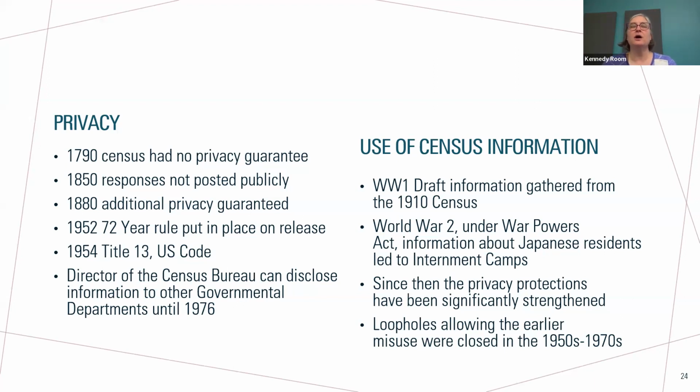Chinese were excluded longer, but Asians in particular were good enough to come and work and build the Transcontinental Railroad and work in the ports and all of that, but not good enough to be citizens. So in the early part of the 20th century, late part of the 19th century.